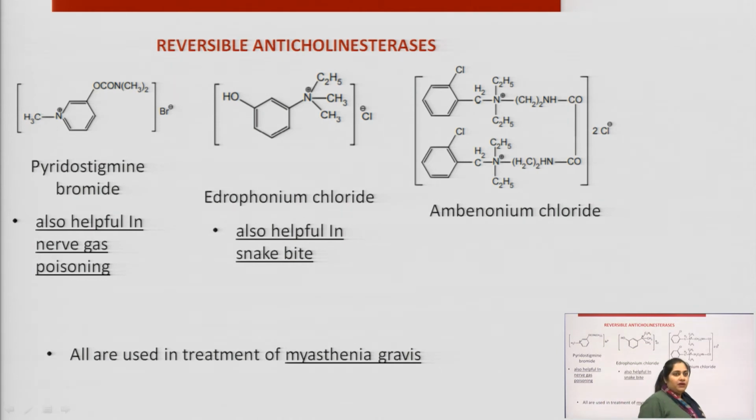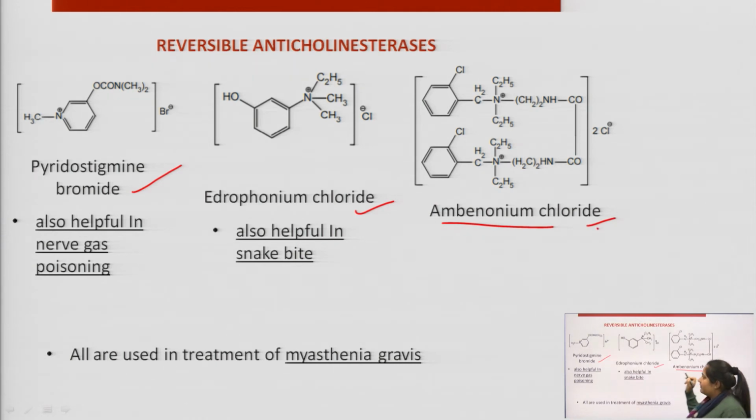So, there are a few other examples of reversible anticholinesterases like pyridostigmine bromide, edrophonium chloride and ambenonium chloride. When we talk about pyridostigmine bromide, it is also helpful in nerve gas poisoning.